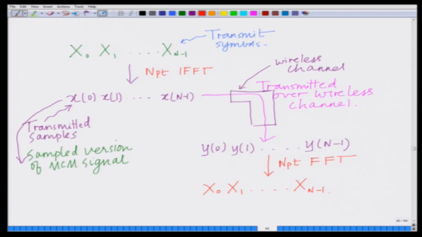All right. So, this processing is at the transmitter, and this processing is at the receiver. So, in a nutshell, what we are doing is very simple.